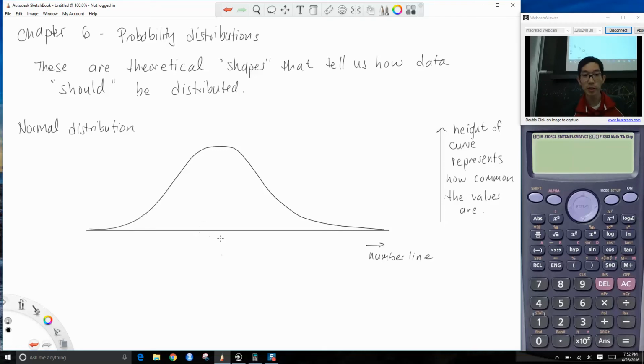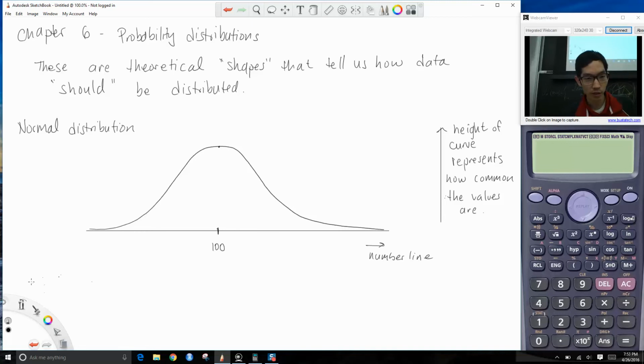Okay, so for example, I could put the value 100 in the middle, and because the curve at 100 is as tall as it gets, this means the value 100 would be the most common value in this distribution.